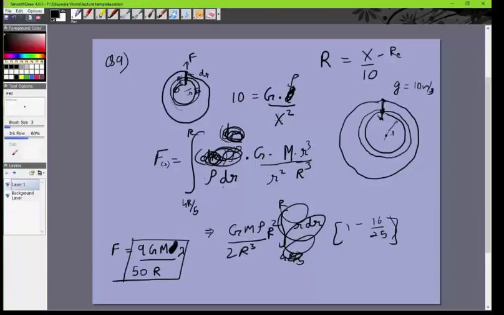So x squared is that squared, rho into x cube, right, into 4 by 3 pi. This we know is 10. From that we can get the result. This is just x, so G rho x is equal to 30 by 4 pi.